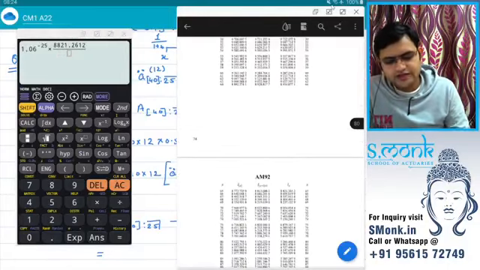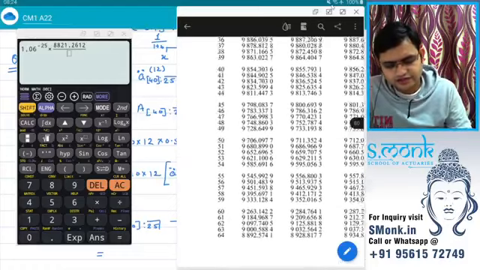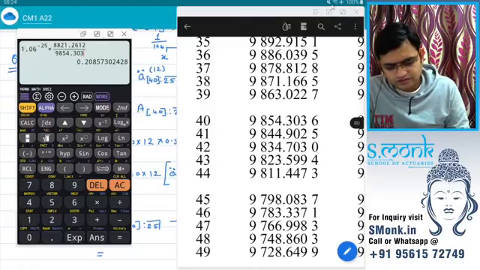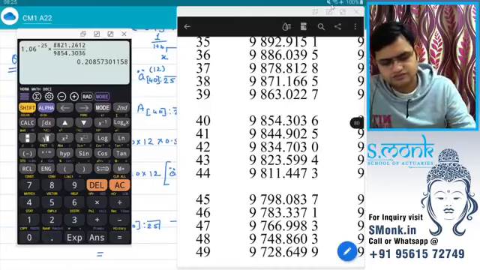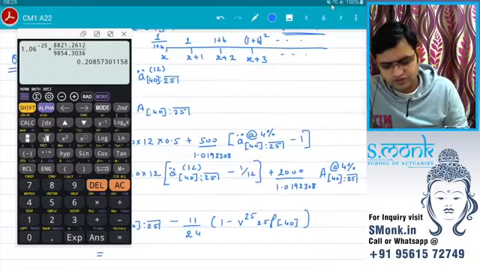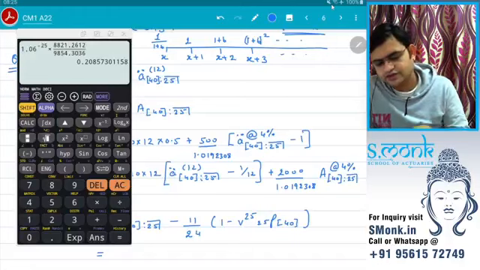And then we will have L select 40. Okay, so this is what our v raised to 25, 25p select 40 would be.